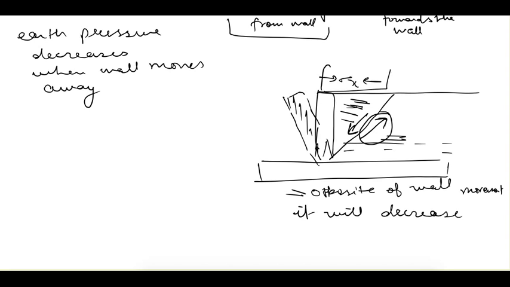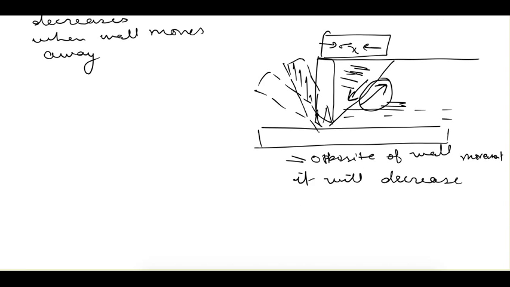Now how much will it decrease? We know that after some movement has taken place, some shear resistance has been mobilized. If the wall moves further, then further shear resistance will be mobilized, and we will reach a condition where full shear resistance will be mobilized.